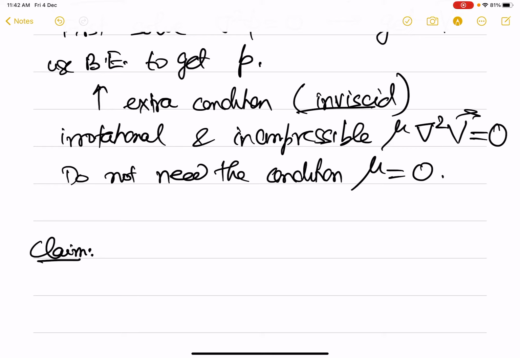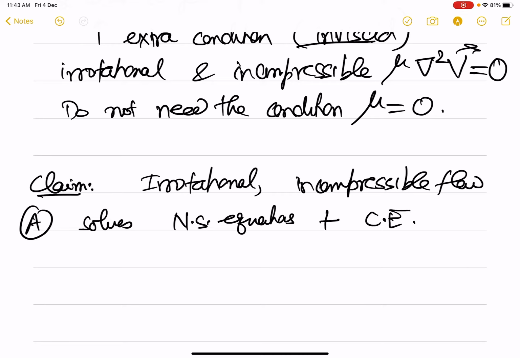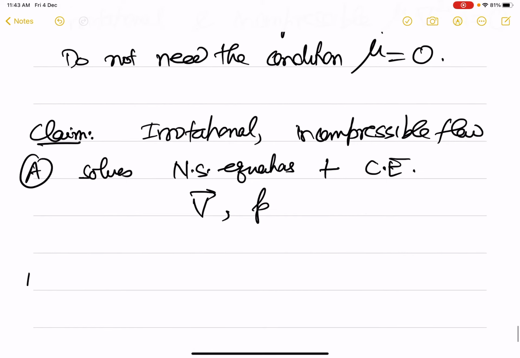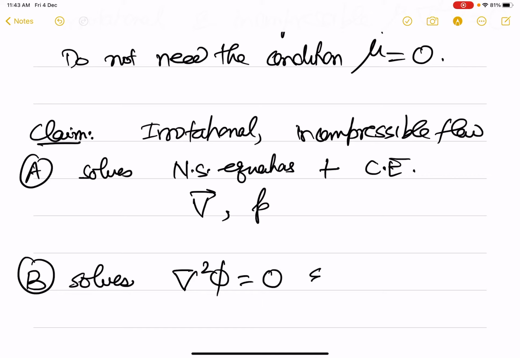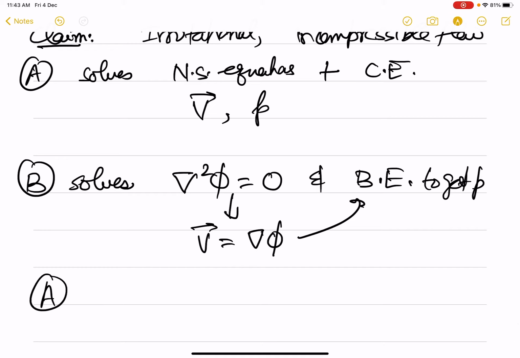Our claim is that if I have irrotational and incompressible flow, student A, or case A, for this flow solves the Navier-Stokes equations plus the continuity equation and gets values of V and P. Student B solves del square phi is equal to 0 and uses Bernoulli equation to get P. So first the student will solve del square phi is equal to 0, then they will get velocity from here, and then they use Bernoulli equation to get P. And our claim is that processes A and B are identical.